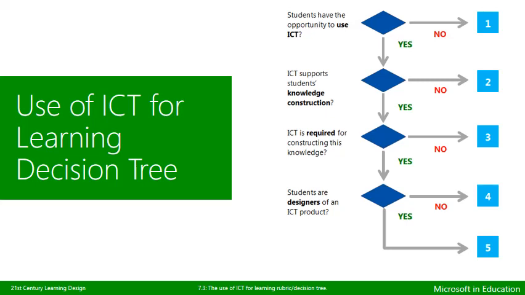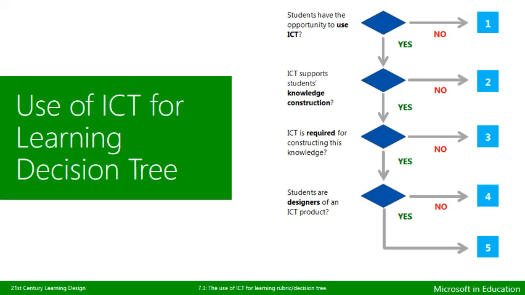You can consider creating opportunities for students to create an ICT product that others can use so that they are designers of an ICT product. In doing this, you also need to consider how much opportunity you want to provide your students to use ICT for learning.